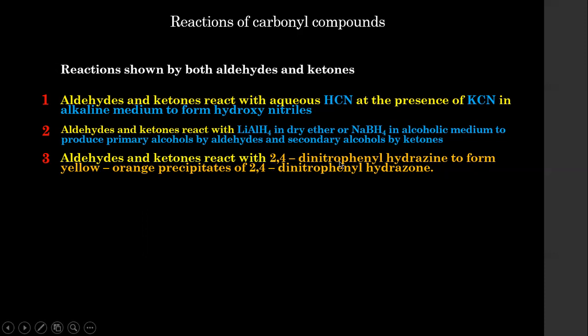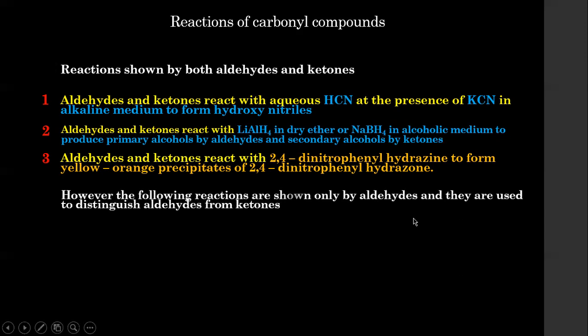Remember, this structure has to be remembered for exam purposes. If you go through video 1, you will know how to construct the 2,4-dinitrophenylhydrazine structure very accurately. These are the things we did in video 1.